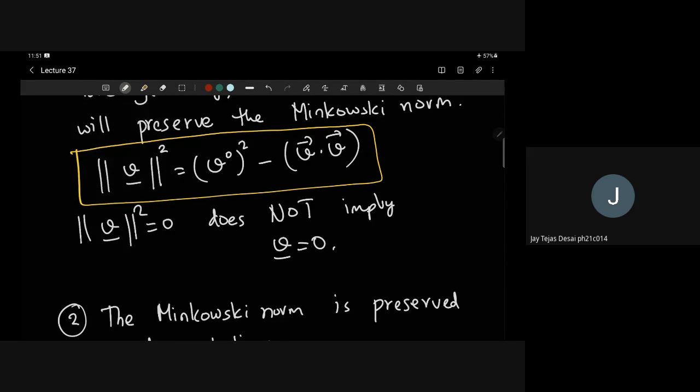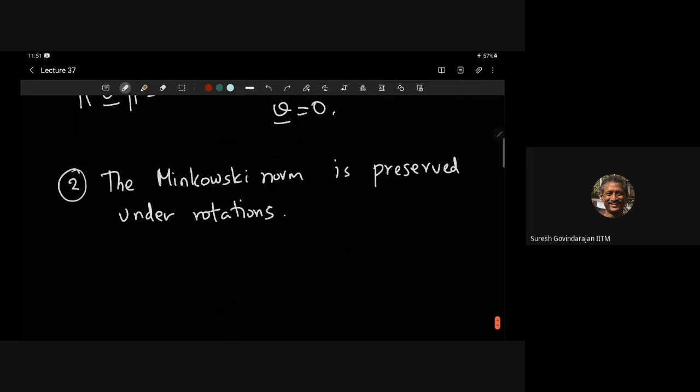It's a scalar, right? Yeah. So let's look at it. Under rotations, V dot V, looking at this, is a scalar. And V0, we created a 4 vector by taking a scalar and combining it with a 3 vector. But in the norm, we are only seeing scalars under rotations coming. Okay. Is this clear? So that's what happens. The Minkowski norm is preserved under rotations. Of course, in addition to Lorentz boost.